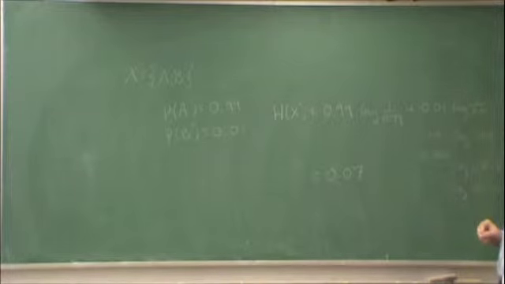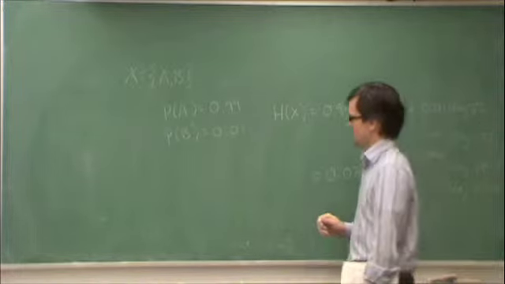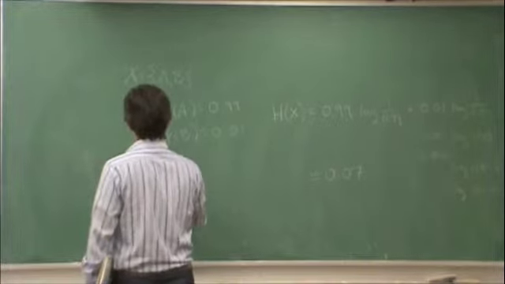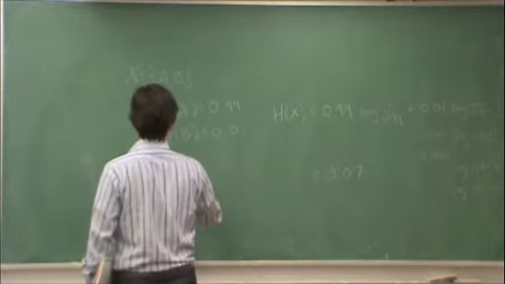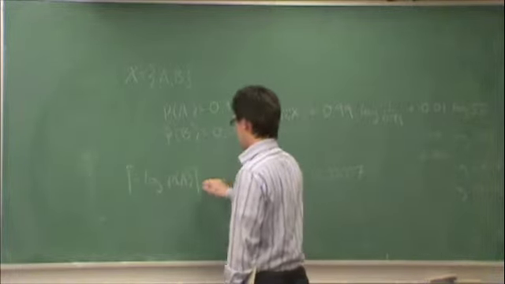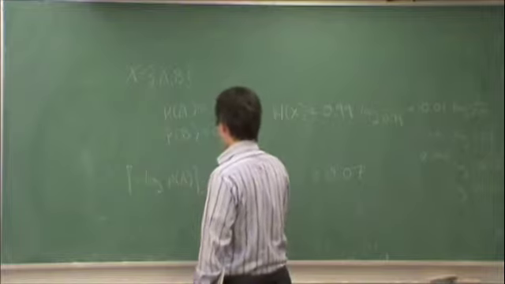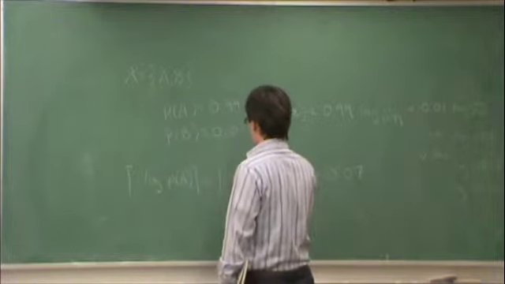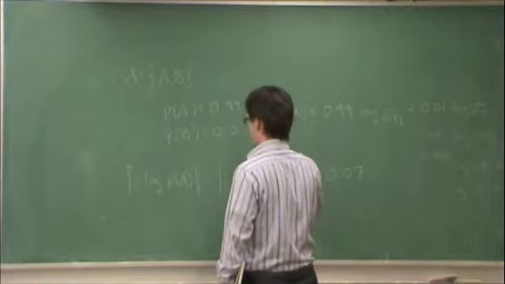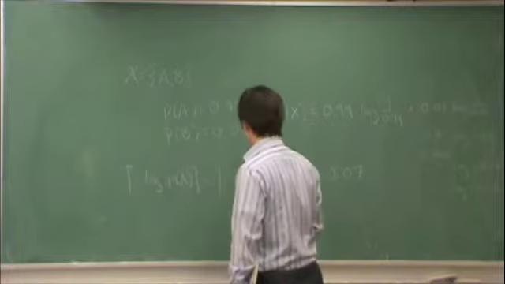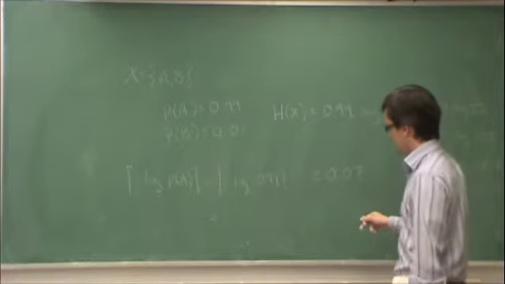Now, what does this formulation suggest? If I take this approach, the ceiling of minus log p of a is equal to the ceiling of minus log 0.99, which is equal to, well, I don't even need to calculate this.